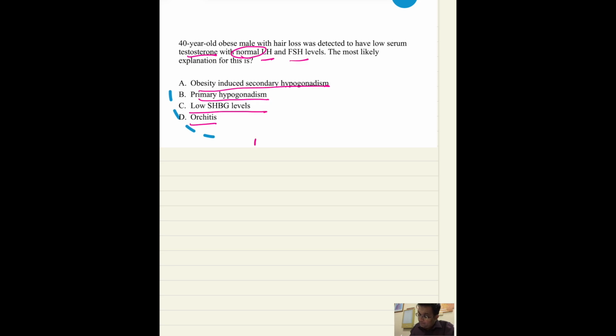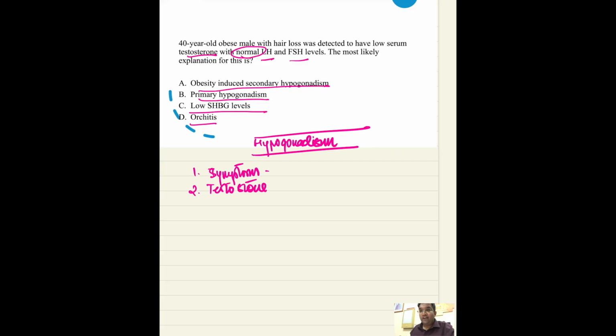So to label a person as hypogonadism, there are some prerequisites. Number one, they should have symptoms. Symptoms should be there of low testosterone levels. Then testosterone single measurement is of no value. Testosterone needs to be measured 2 times.